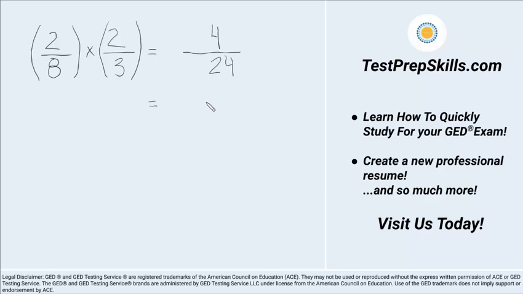Okay, so the first thing we look for when we want to simplify a fraction is, are the numbers in the numerator and denominator even or odd? Okay, if the numbers in the numerator and denominator are both even, that means that we will be able to remove a factor of 2 from both our numerator and our denominator, okay?